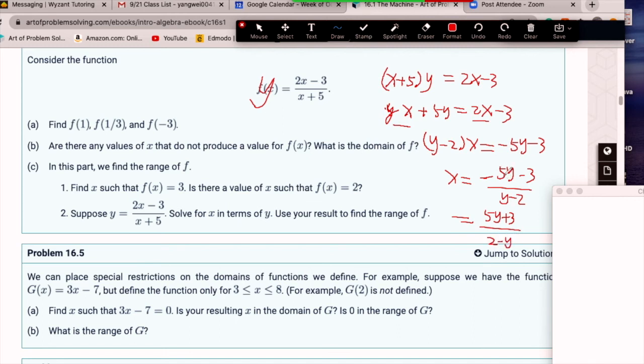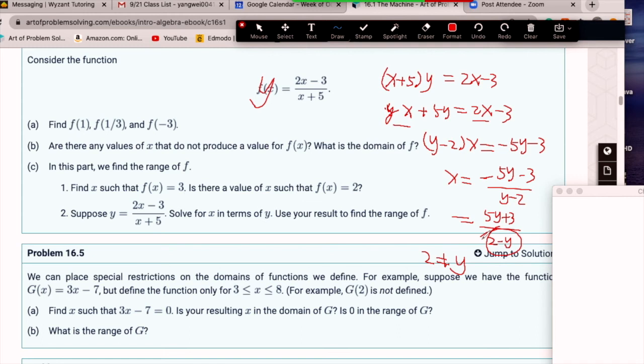We take the negative out, get negative times (5y plus 3), then multiply the negative into the denominator, so we get 2 minus y. From this expression, you can see here, y should not equal 2. If y equals 2, then the denominator equals 0. That's meaningless. That's the reason why f(x) should not equal 2.